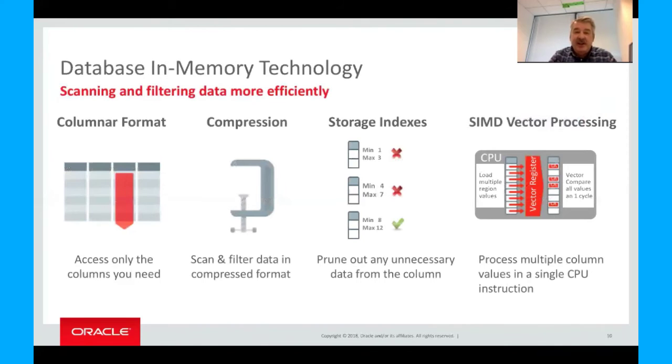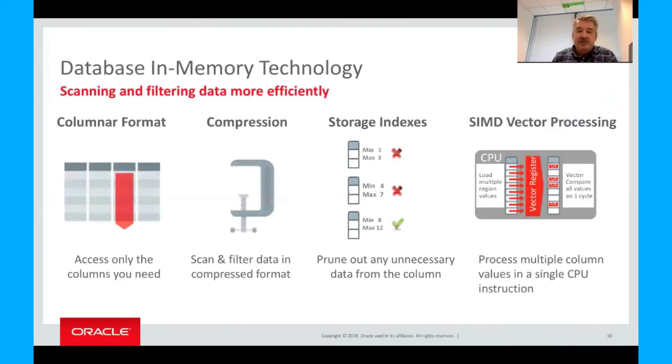And we talked about, and this is something we do in our normal sessions as well, and it's in the technical white paper, the fact that with columnar formatted data, we only need to access the columns that are part of the query. We don't need to read over all of the data in each of the rows to get to the columns we're interested in. You can compress that data. Since it is columnar, it compresses fairly well.